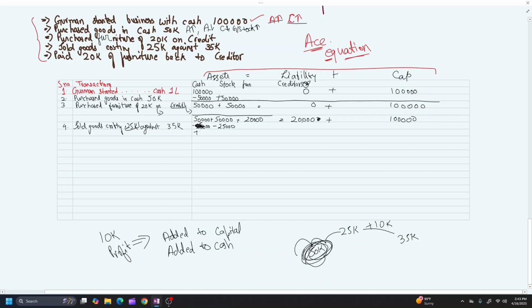plus you will add 35,000 which you got in cash, right? Like if you are selling the goods costing 25,000 for 35,000, how much cash did you get? You got 35,000 cash only. So you will add your cash of 35,000 and subtract 25,000 from stock, plus you will do 10,000 here because it's your profit.